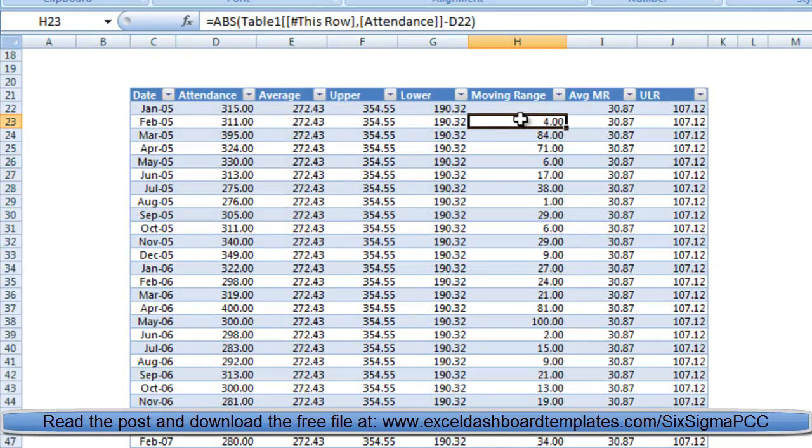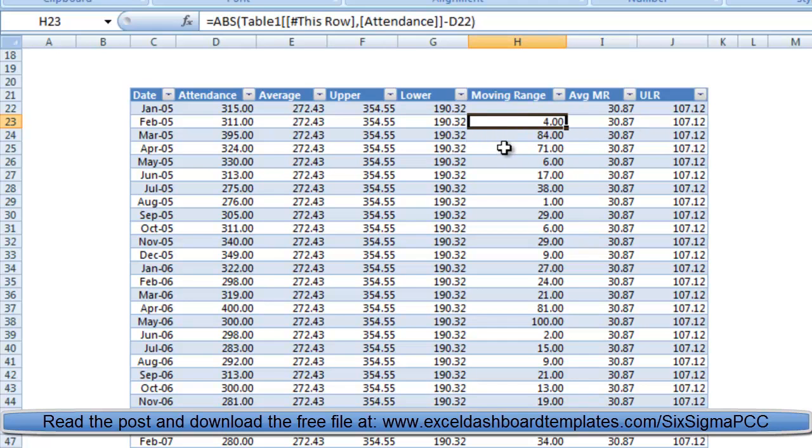Then secondarily, he created some other ranges called the moving range. Once again, this is from his Six Sigma degree that he has. And so the moving range, what he did is he took the absolute value of the differential of the attendance. So you'll see here the moving range is 4. Because it was 315 before and now it's 311. Then it goes to 84 because it was 311 less 395, and do that in the absolute value.